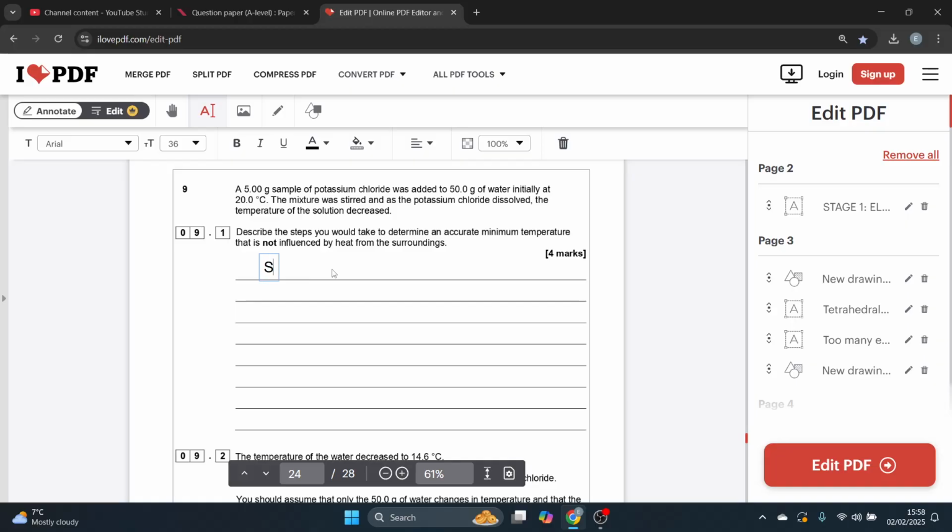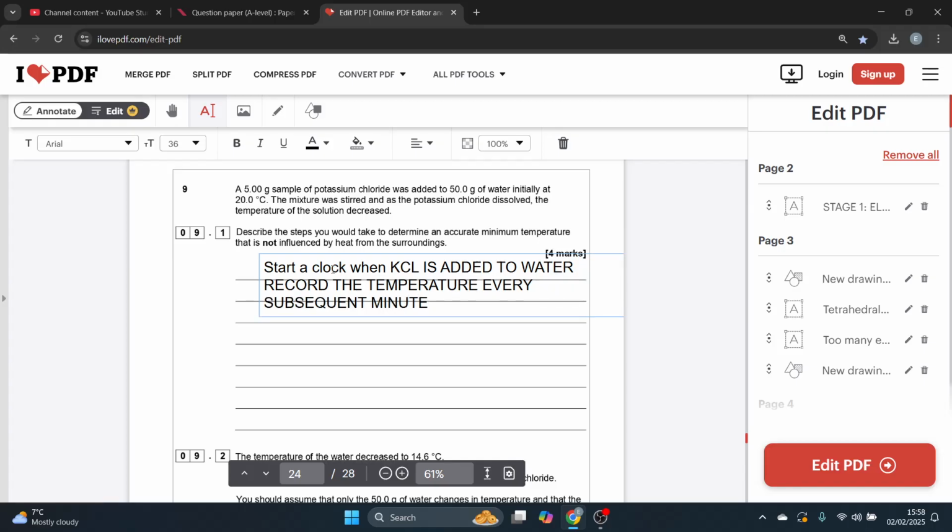So, start a clock when KCl is added to water. Record the temperature every subsequent minute for 5 minutes.